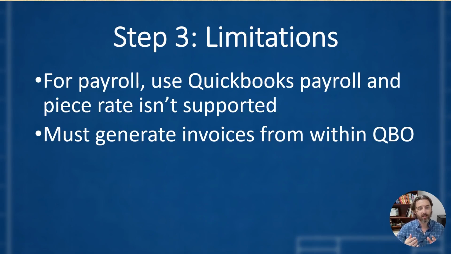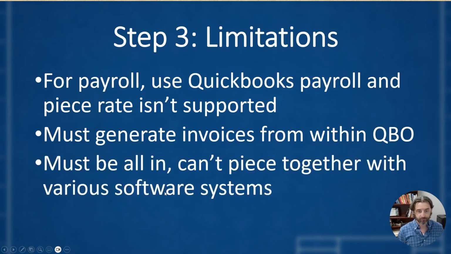If you're using an outside software for estimating and then generating the invoices and collecting payment, like I have a client doing, the software may feed in the invoice data and create invoices within QuickBooks, but it's likely not going to go that extra step of adding the project to it. So you may have to manually go in once the invoice shows up in QuickBooks, click on it, and add the project directly to it.